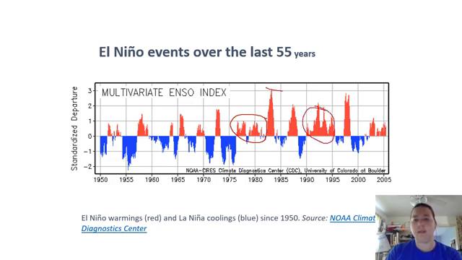And you can see they're also becoming more extreme in some cases. So that's one of the things we're looking at as one of the consequences of global climate change, is it's increasing or exaggerating this pattern.